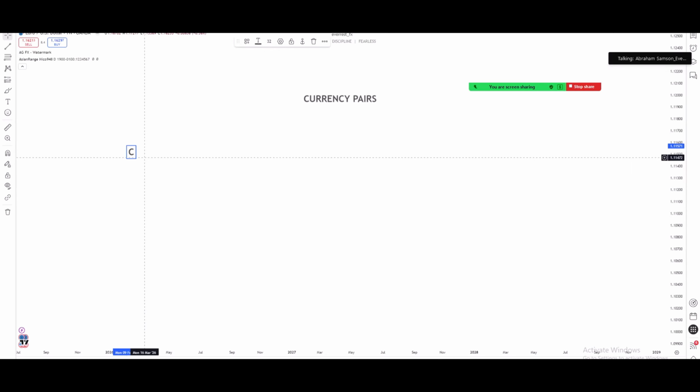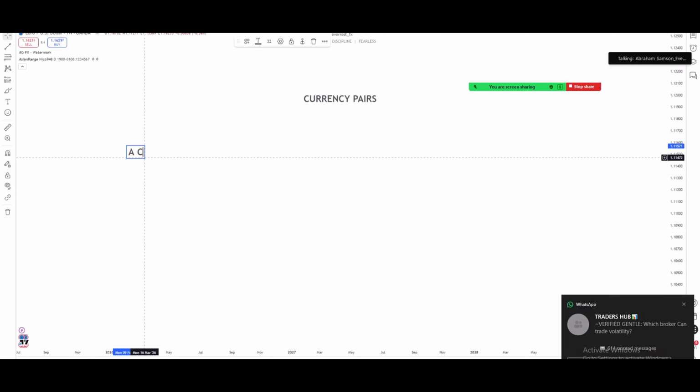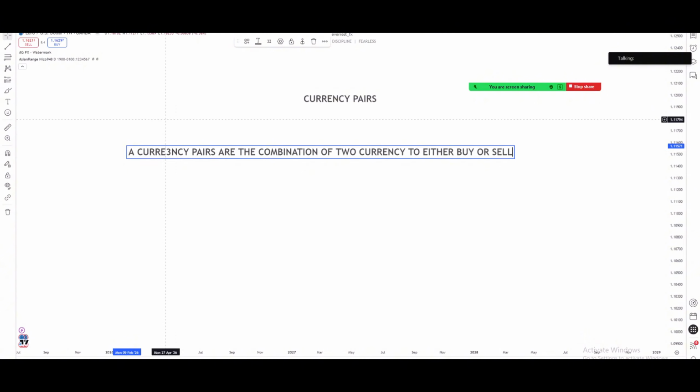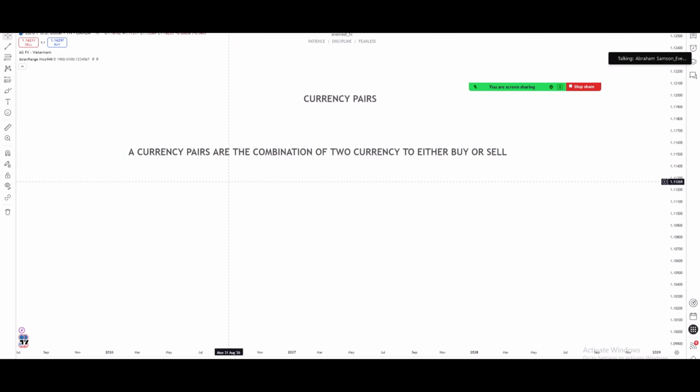So let me write a definition. A currency pair is the combination of two currencies to either buy or sell.